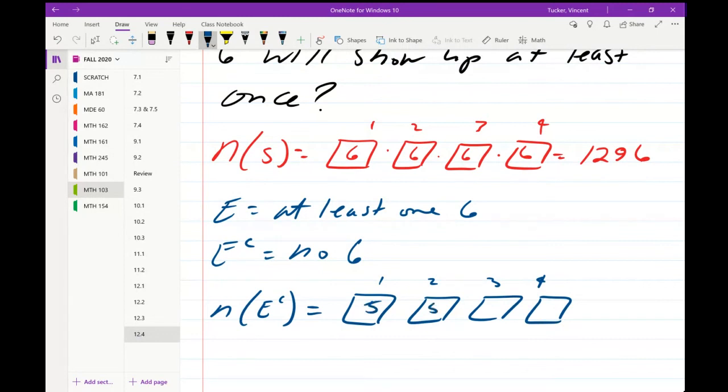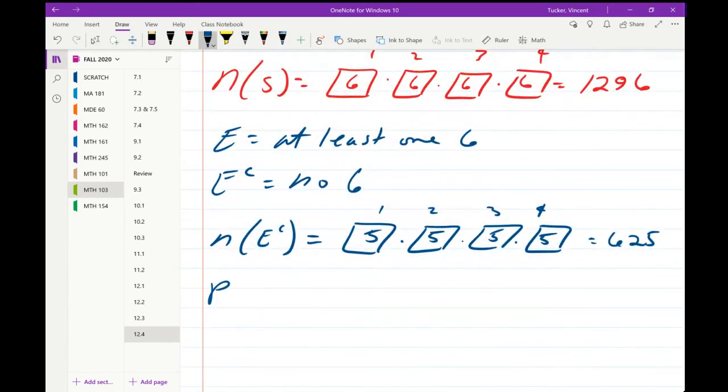In other words, what would be the number of just having 5 options? So I got 625 ways that I could have no 6s. And the probability of that is 625 over the 1296. Because there are 5 numbers that I know that are not 6, so that's where it came from. Just in case that helps.